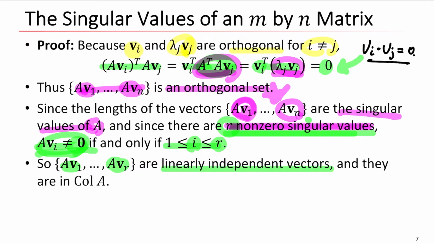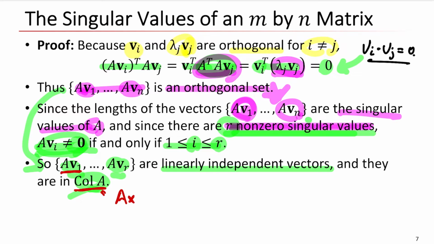right? Because they are not equal to 0 and they are an orthogonal set, right? So Av1 through Avr are linearly independent vectors, and they are in the column space of A. The column space of A means the linear combinations of the columns of the matrix A. It can be defined something like this, right?